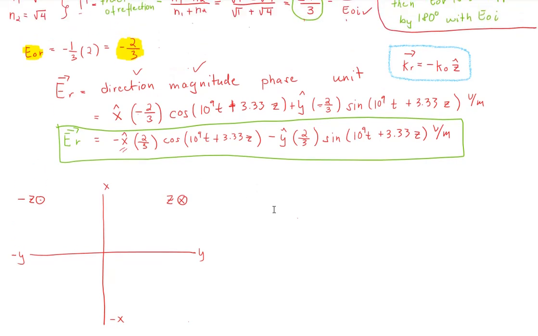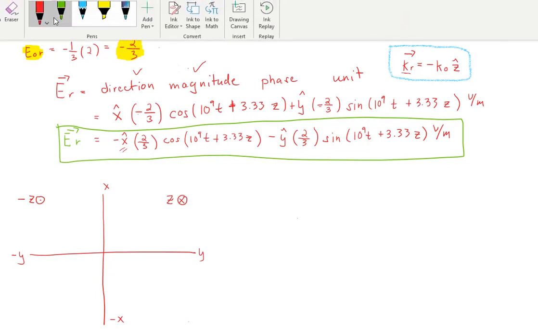Alright, so why did I do that? Because we need to illustrate where this k's of R is going. So we know it's traversing the negative z hat, or negative z direction. So we could write it down over here.